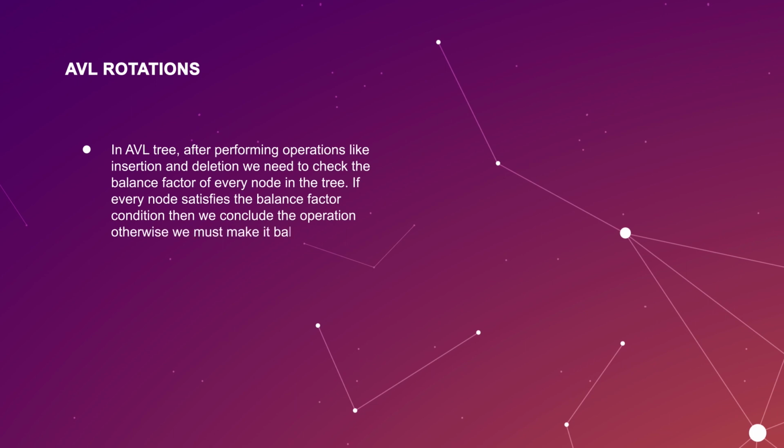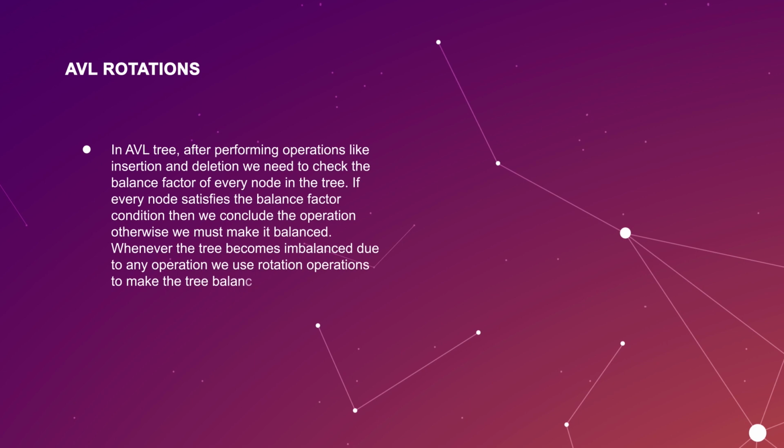If every node satisfies the balance factor conditions, then we conclude the operation, otherwise we must make it balanced. Whenever the tree becomes imbalanced due to any operation, we use rotation operations to make the tree balanced.